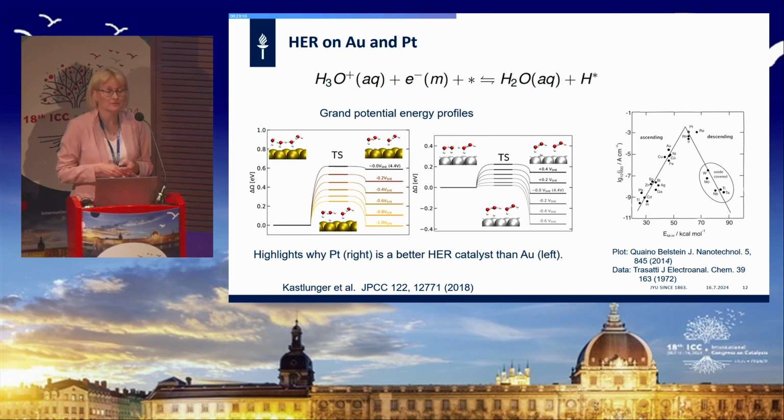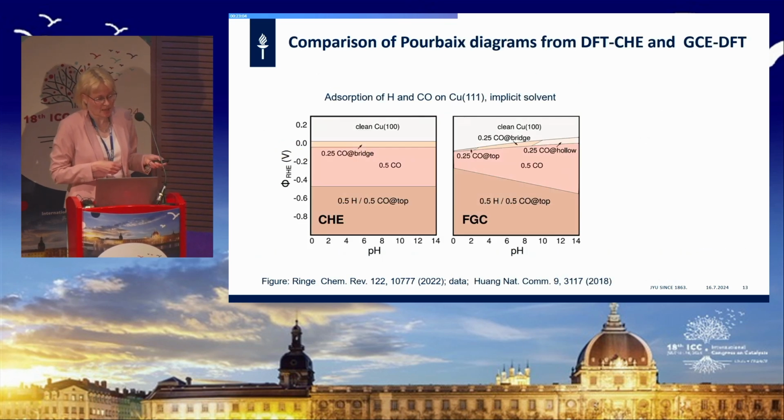And moreover, it requires modifications to your software. But it also allows you to make Pourbaix diagrams, which show the variation as a function of pH. As shown in this example, on the left you have a Pourbaix diagram computed with the computational hydrogen electrode, and on the right with the grand canonical ensemble DFT. And you can clearly see how the pH dependence goes.